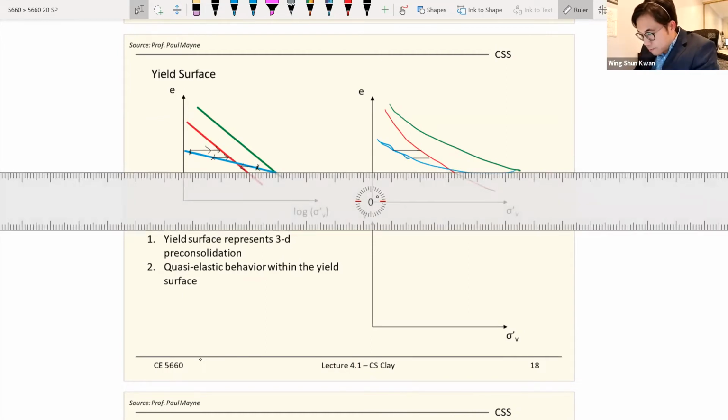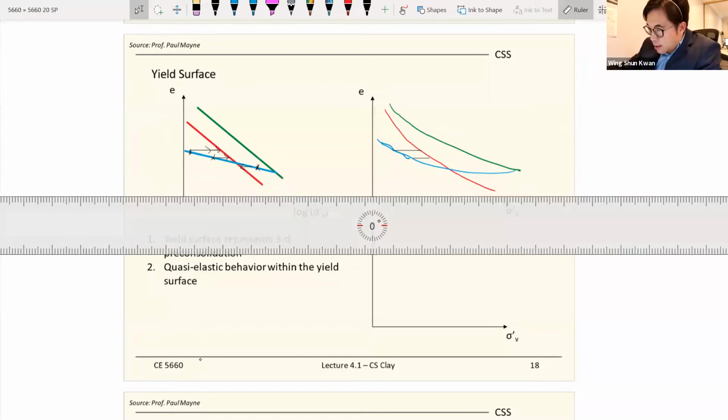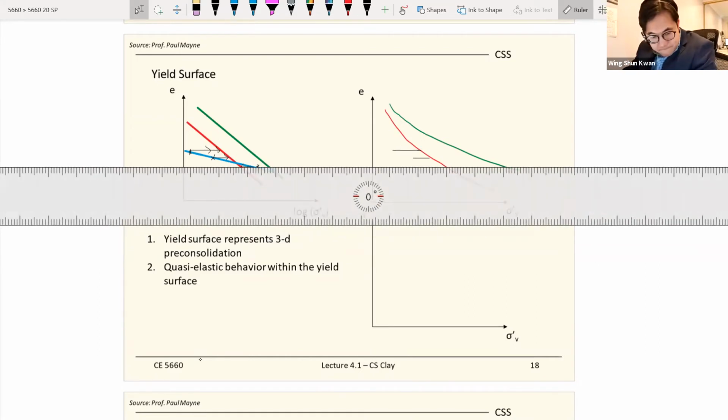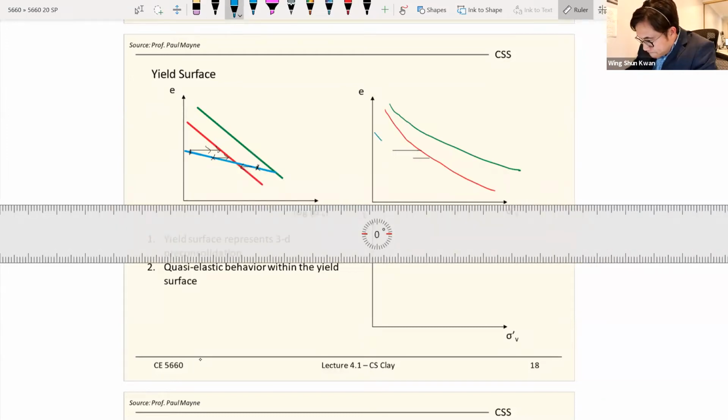Maybe let me erase my blue line here. See, we bound like this. No, it's not helping. Let's do something like this.